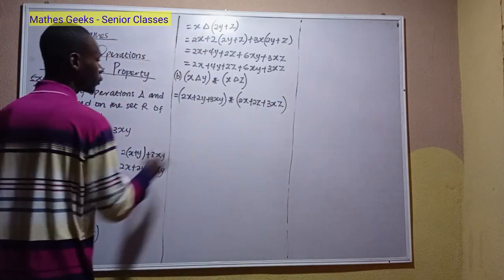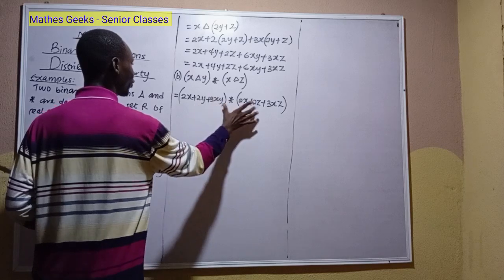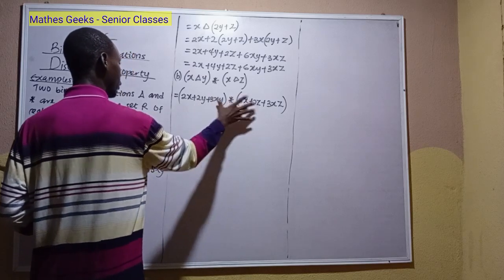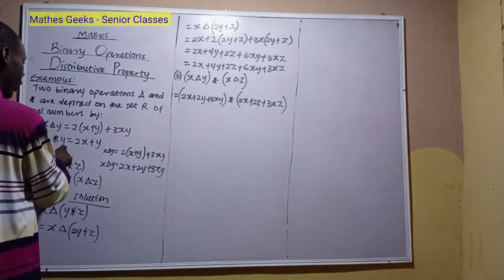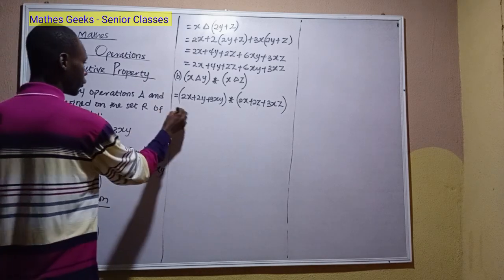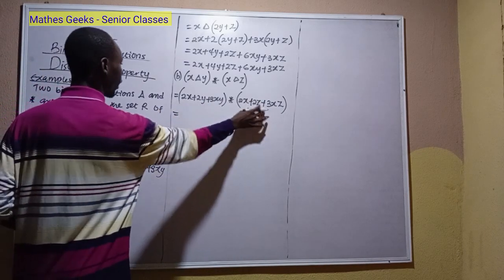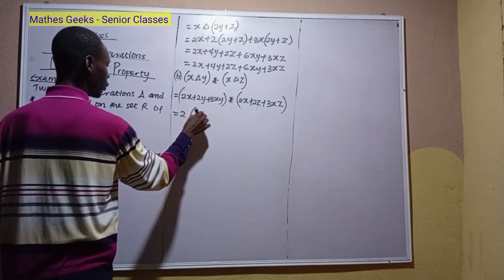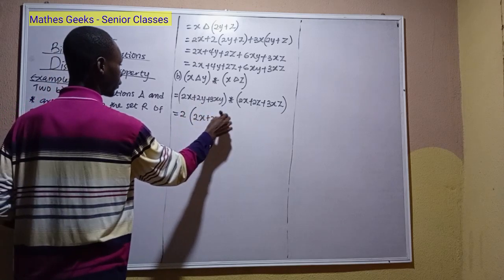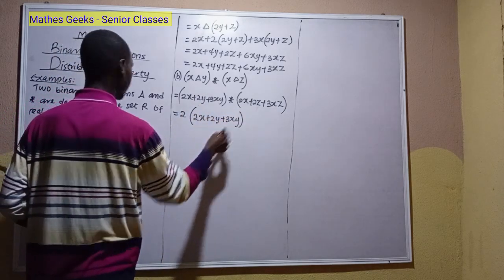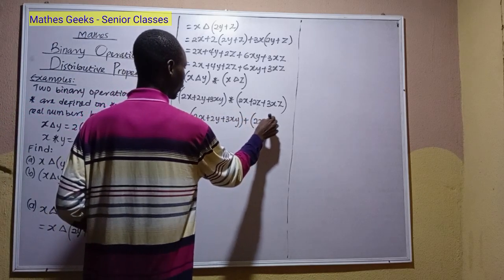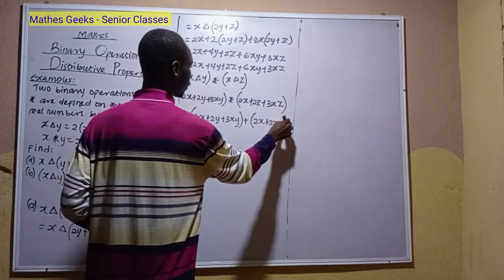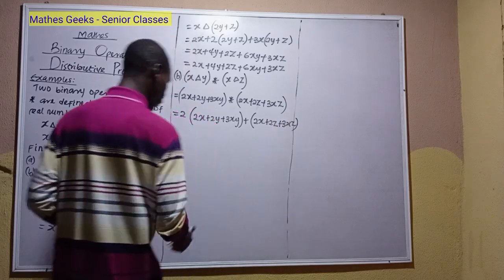Now we're going to carry out this operation on these two brackets, and x star y is 2x plus y, where this is x and this is y, so 2x plus 2y plus 3xy, plus 2x plus 2z plus 3xz.